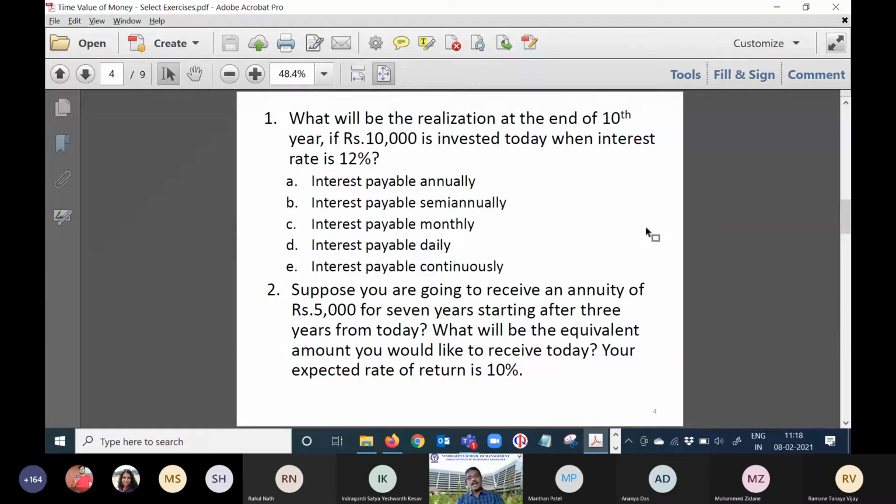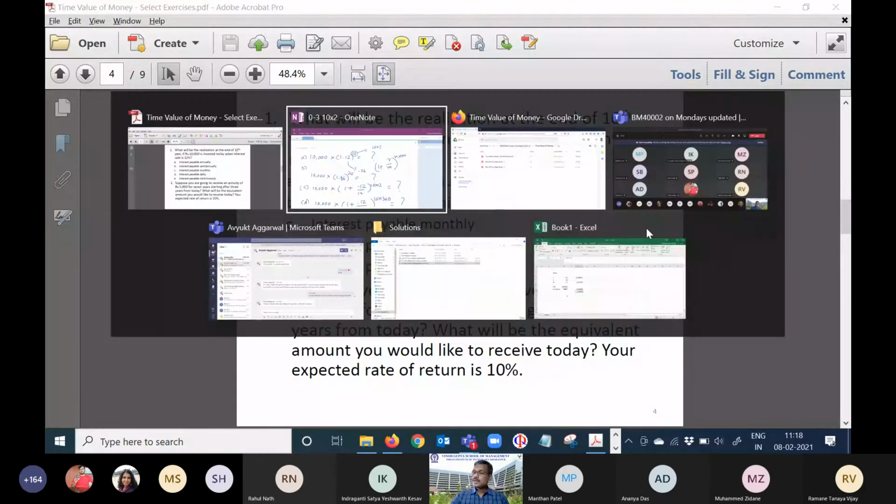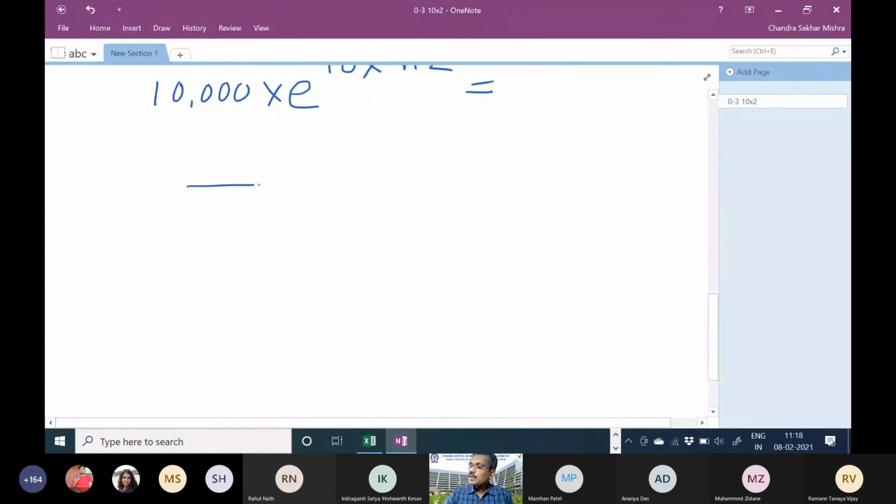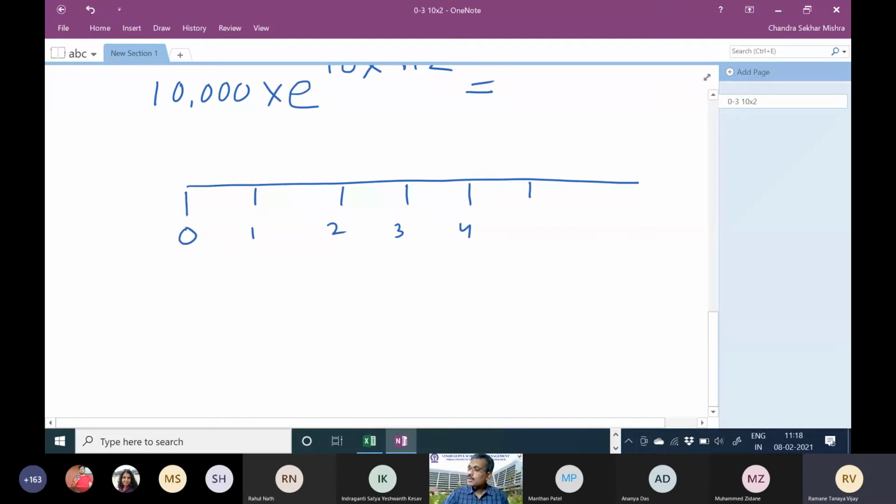So if I draw the timeline for this, always keep in mind, you are at point 0. From when will it start? 3 years. 3 years from now.